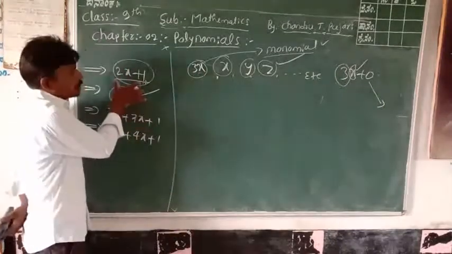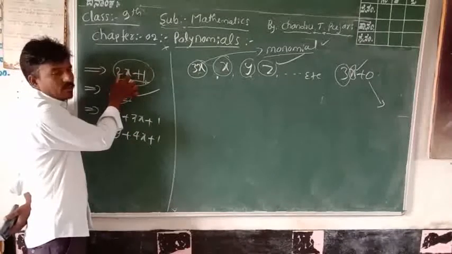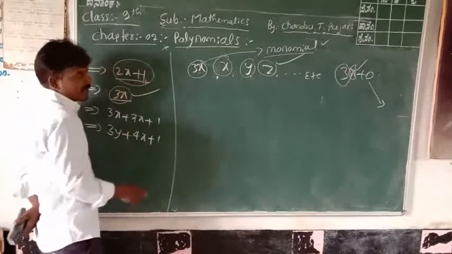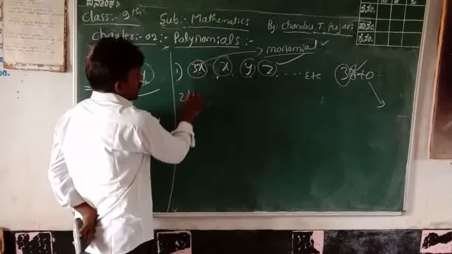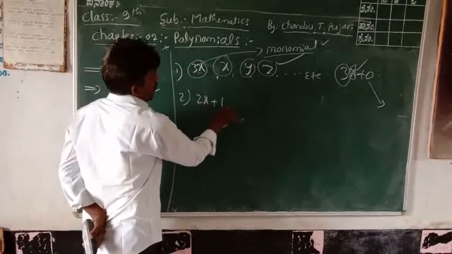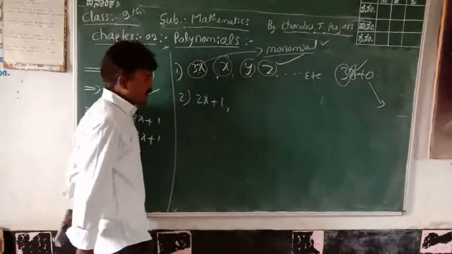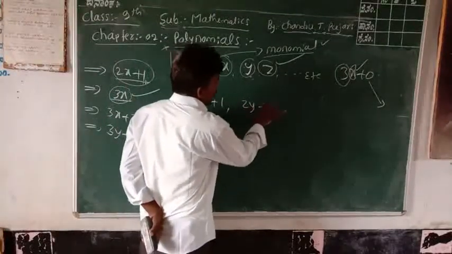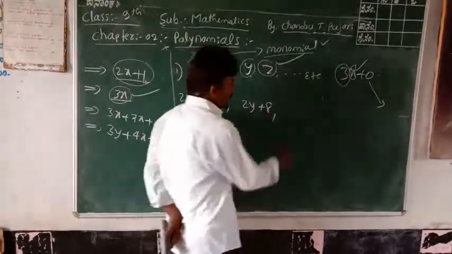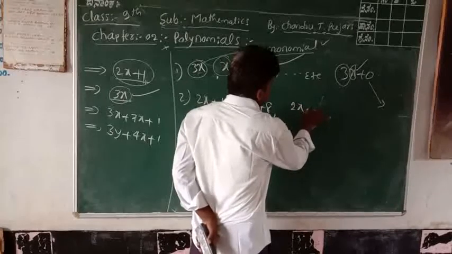The next one: two terms are here. 2x is one term, 1 is one term. So the second one is 2x plus 1, then 2y plus 8, then 2x minus 7.